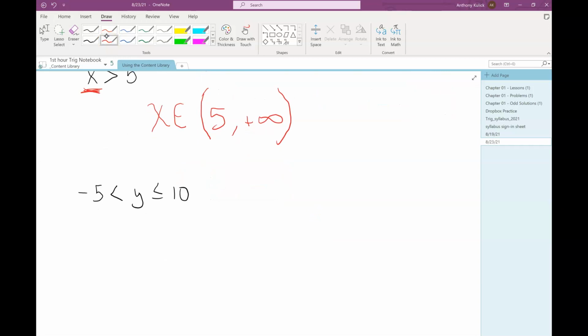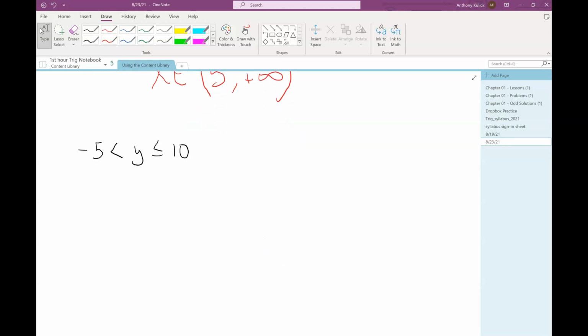Okay. Let's say we have this set of numbers where -5 is less than y, which is less than or equal to 10. Again, I would start with the lower bound, which in this case would be -5.